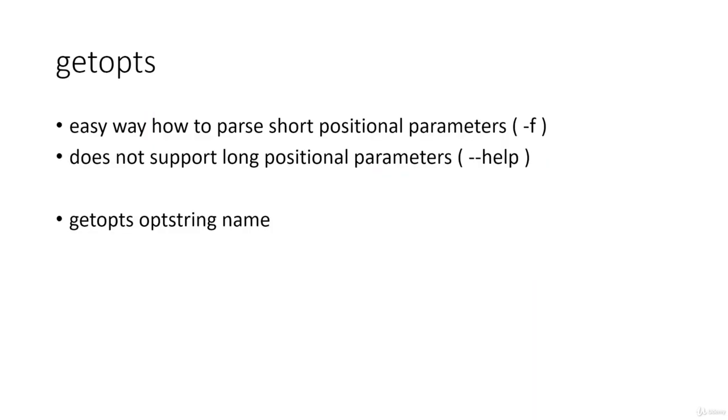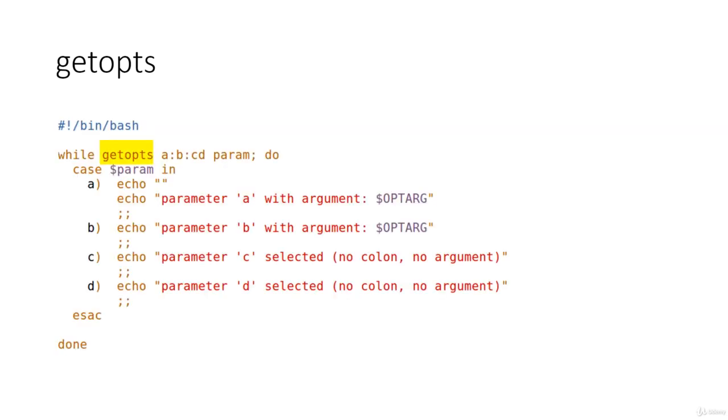Firstly, let's look at Getopts. It is a good option for handling short positional parameters, but the disadvantage is that it cannot handle long positional parameters. So, how to use it? After the keyword Getopts come the positional parameters, followed by a string variable, which represents the positional parameter being processed right now, for example positional parameter -a or positional parameter -b.